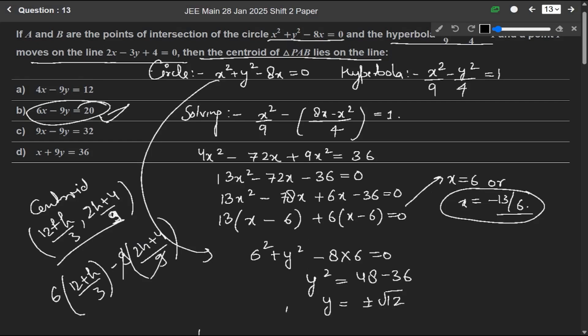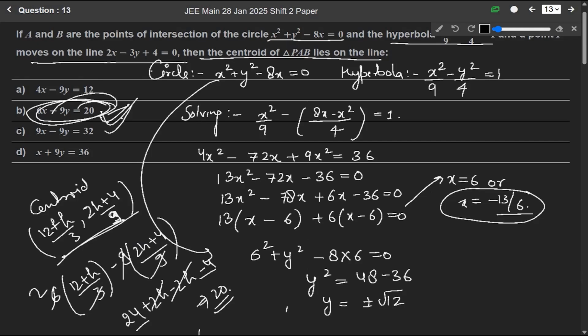The 9s cancel out, 3 twos are 6, so it will be 24 plus 2h minus 2h minus 4. The 2h cancels out, and 24 minus 4 equals 20. This means option B is satisfied by these centroids. So option B is the correct answer.